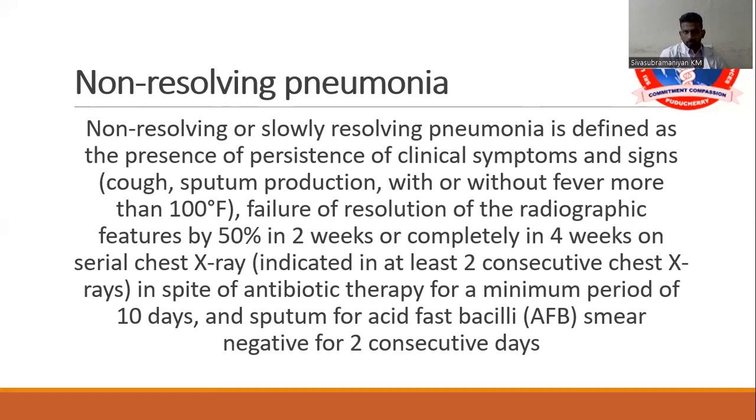Non-resolving or slowly resolving pneumonia, we define it as the persistence of clinical symptoms and signs like cough, sputum production, with or without fever of more than 100 degrees Fahrenheit, failure of resolution of the radiological features of pneumonia, that is a pneumonic patch, by 50% in 2 weeks, or completely in 4 weeks on serial chest X-ray, that is indicated in at least 2 consecutive chest X-rays in spite of antibiotic therapy for a minimum period of 10 days. And sputum for acid-fast bacillus, that is AFB smear, has come out negative for 2 consecutive days.